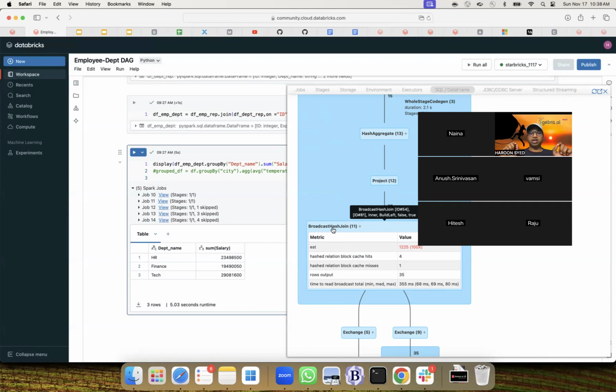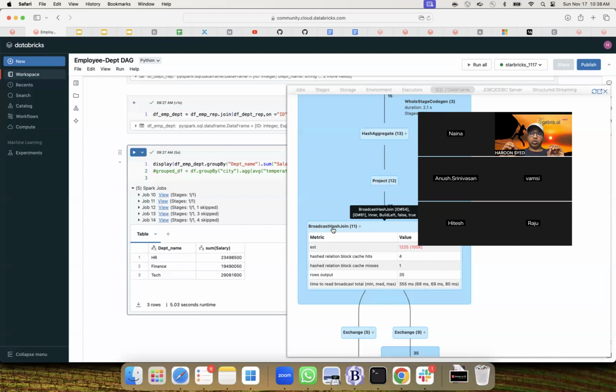These are types of joins, SQL types. You do these kinds of joins in SQL when you're joining two data sets, based on how you want to join and what kind of data you're trying to look at. All those joins are available: inner join, outer join, left, right, cross, everything.